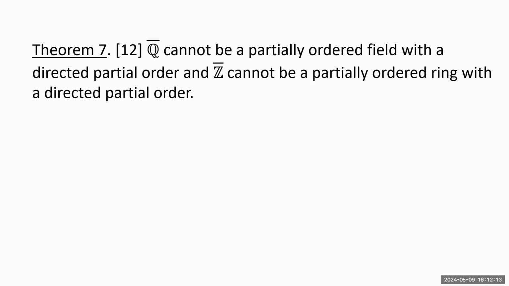Q bar is algebraic over Q, so that directed maximum partial order must be a total order, but Q bar cannot have a total order because i is there, and i squared is equal to negative 1. It's in Q bar. Same thing for Z bar, so they cannot be true. So the result was generalized from the lattice situation to the directed partial order situation.